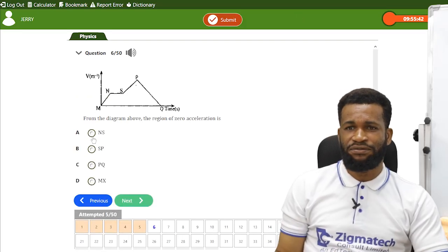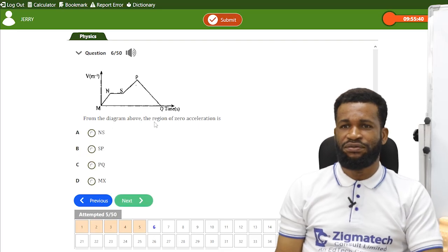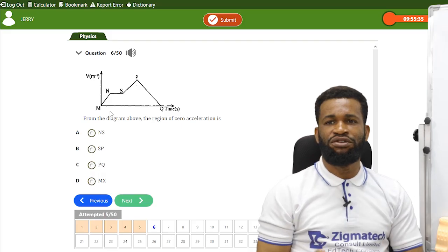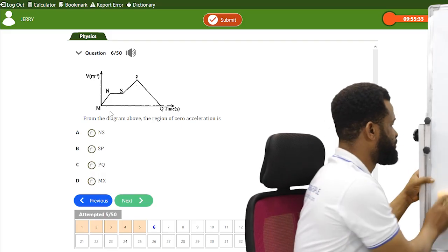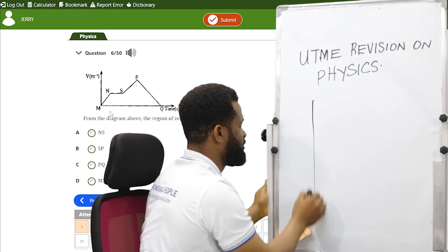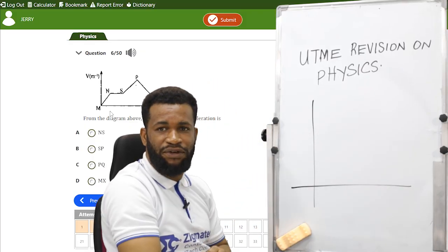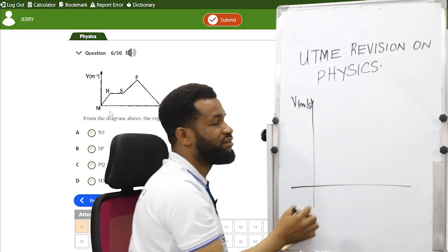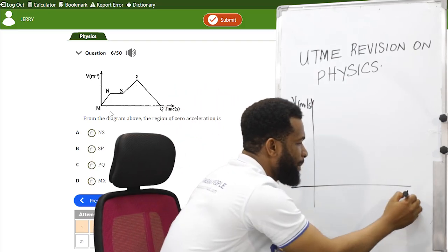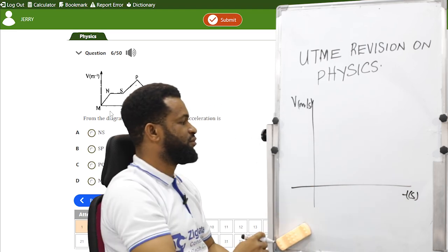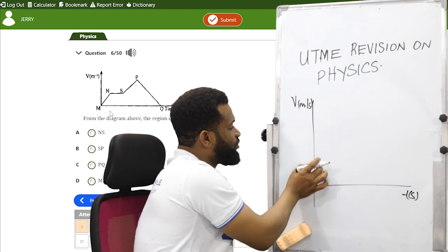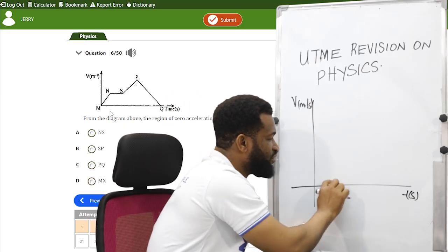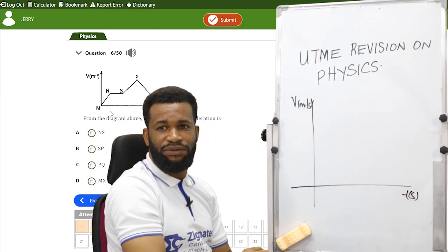Now, looking at this graph, from the diagram above, the region of 0 acceleration is. So when you have a velocity time graph, v in meters per second, and then t in seconds, every value you see on the vertical is for velocity, and any value you see on the horizontal is for time.